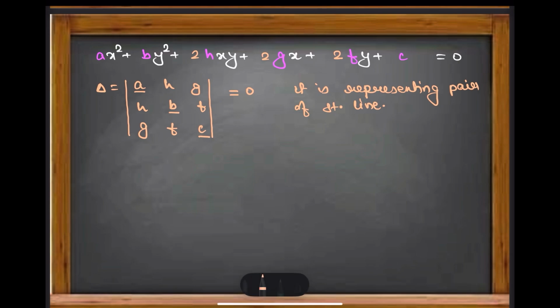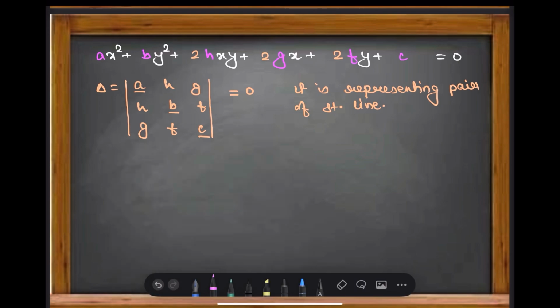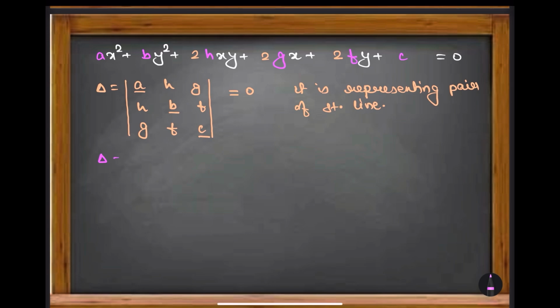Now suppose that the determinant doesn't come out to be 0, then in this case it may be a circle, may be a parabola, may be an ellipse, may be a hyperbola.